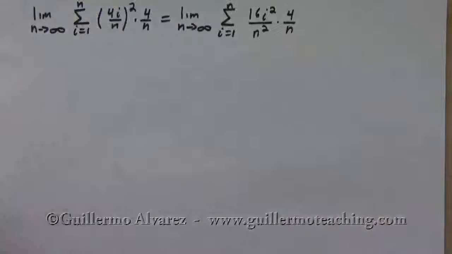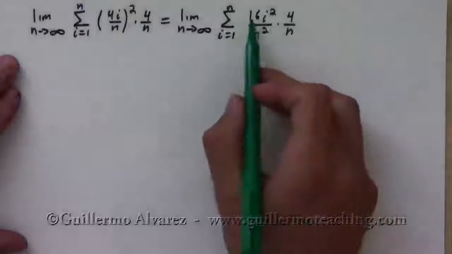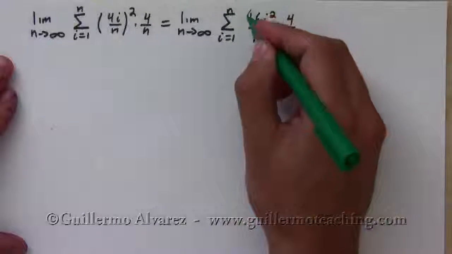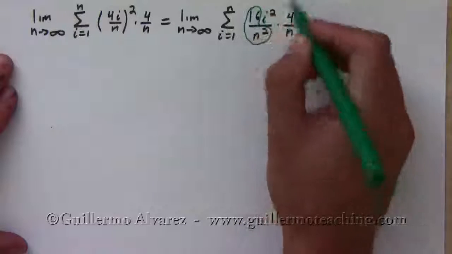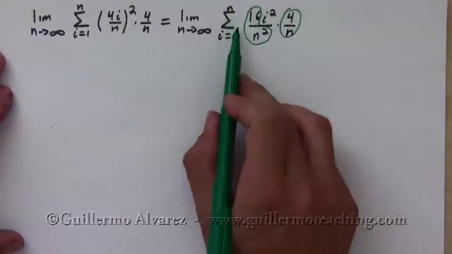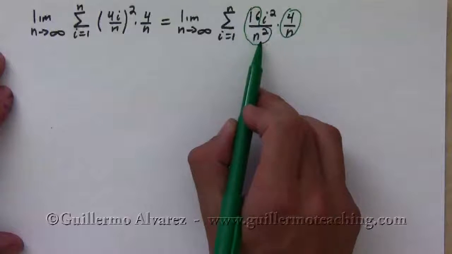Now notice that 16 times 4 we can multiply, that's 64, but all these aren't dependent on I, they're just dependent on n, and so these are constants.